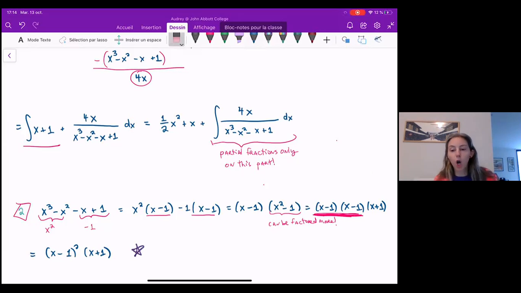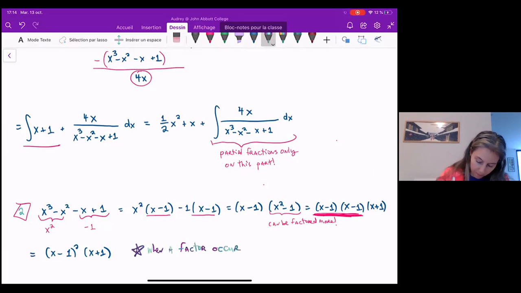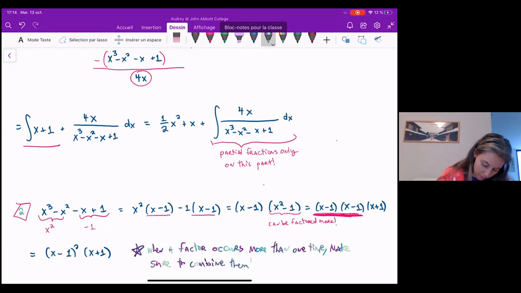When a factor occurs more than one time, make sure to combine them. If you don't, and you're doing partial fractions, there is a high probability that you will get the wrong answer. Make sure that you combine the things.